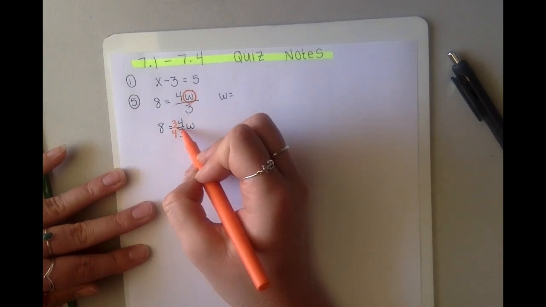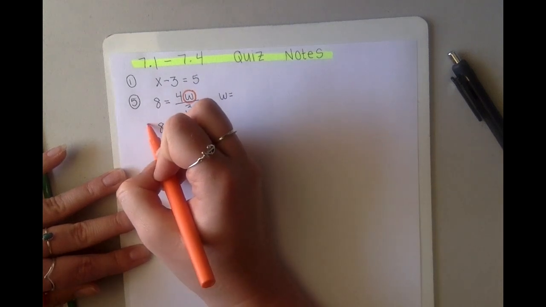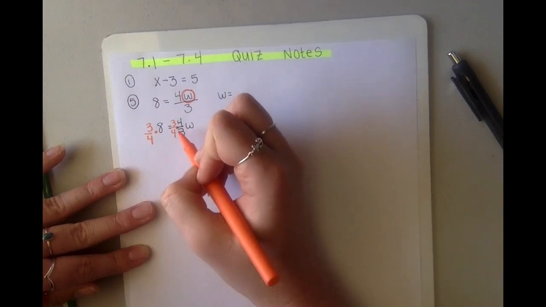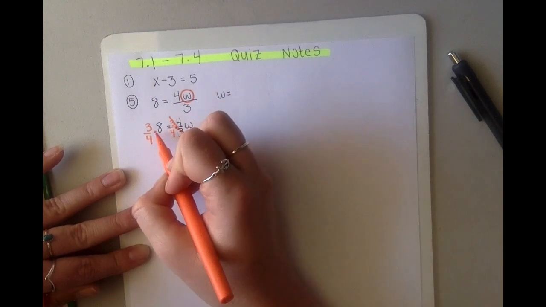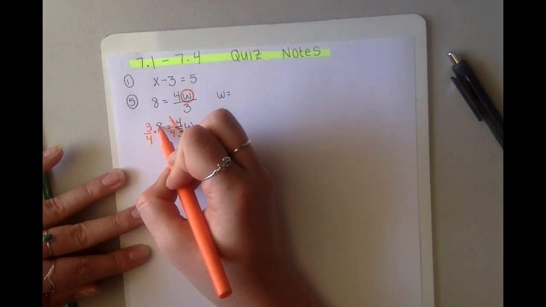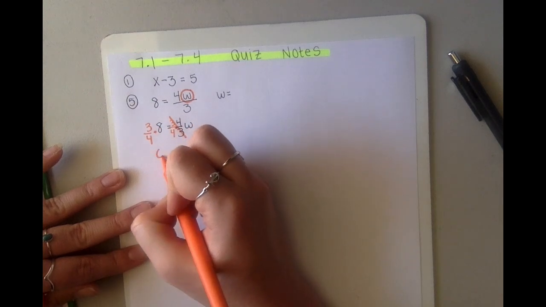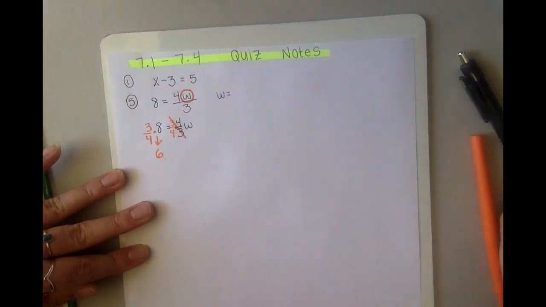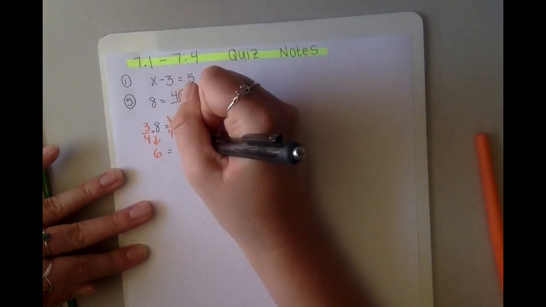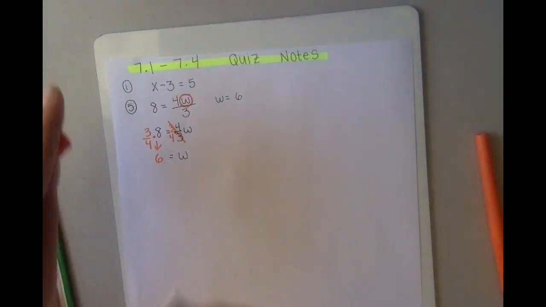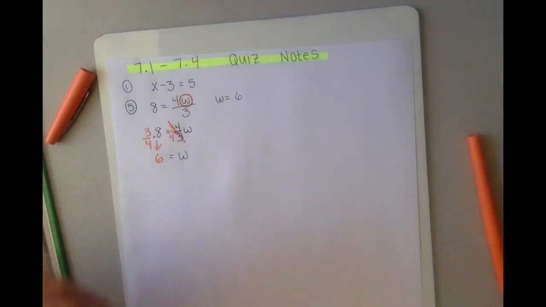So I multiply this side by 3/4, I multiply this side by 3/4. This cancels out. Here I think 3 times 8 is 24. 24 divided by 4 is 6. So I'm left with 6 is equal to, I bring my W down, W. So W is equal to 6. And that is my answer.